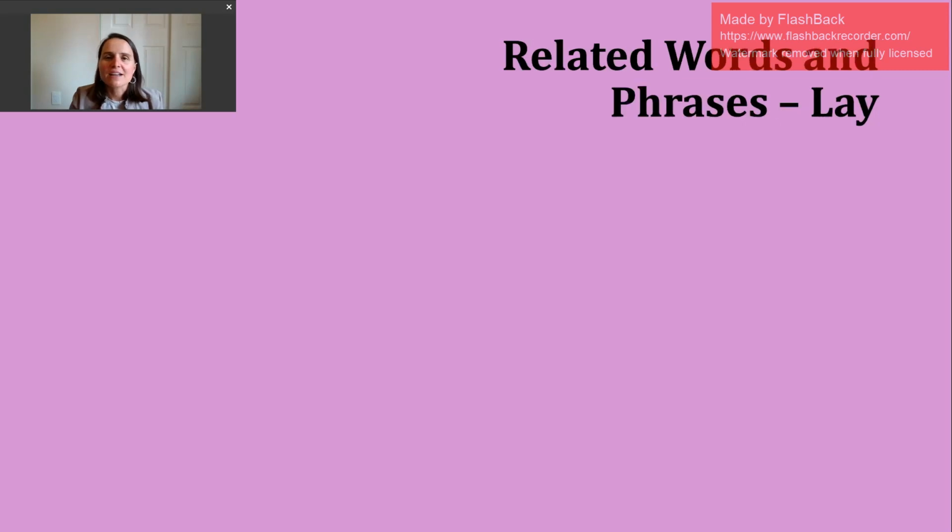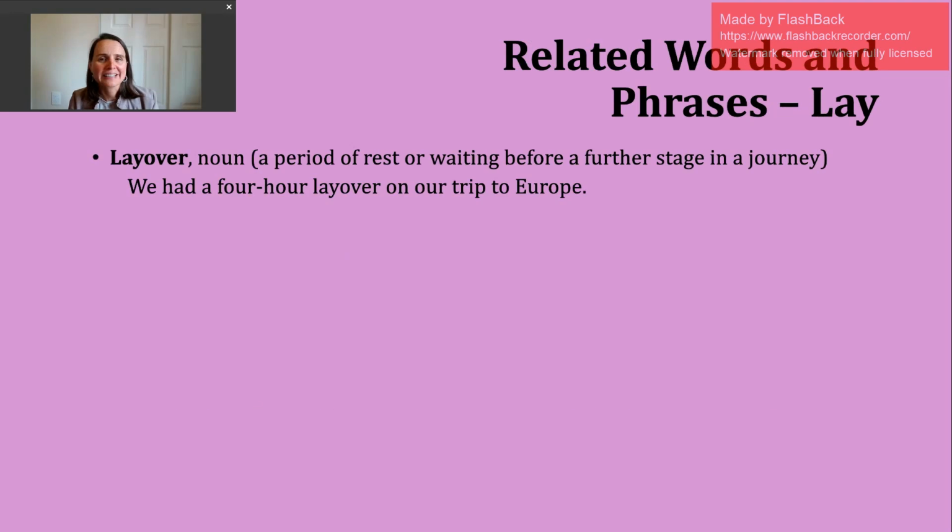Now, let's spend just a little time looking at some words and phrases that are related to our verb lay. And the first word we're going to look at is going to sound really familiar. It is a compound word. So we had the phrasal verb lay over, but now we're going to bring those two words together to form a noun that means a period of rest or waiting before a further stage in a journey.